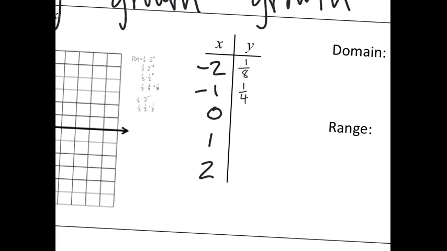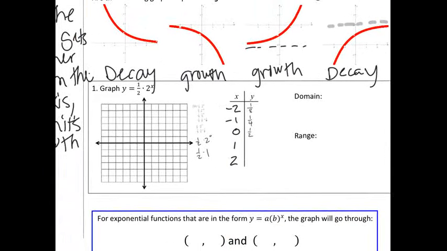All right, 0. 1/2 times 2 to the 0 power. Remember, anything to the 0 power is 1, guys. All right, and so then it's just 1/2, which is obvious too, because this number right here represents your y-intercept. And so if x is 0, then y is that answer right there.